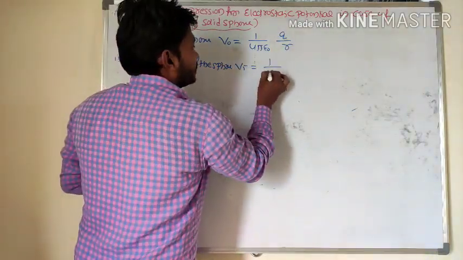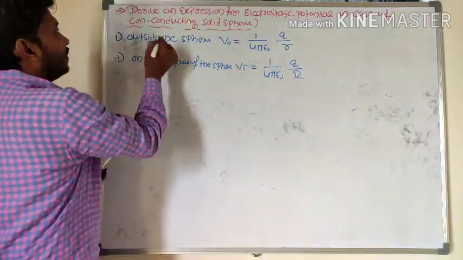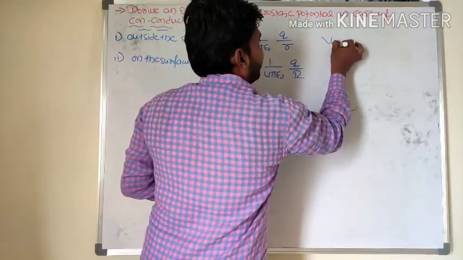So that is V is equal to 1 by 4 pi epsilon naught q by r. But in case of a non-conducting solid sphere, inside it has a different formula.